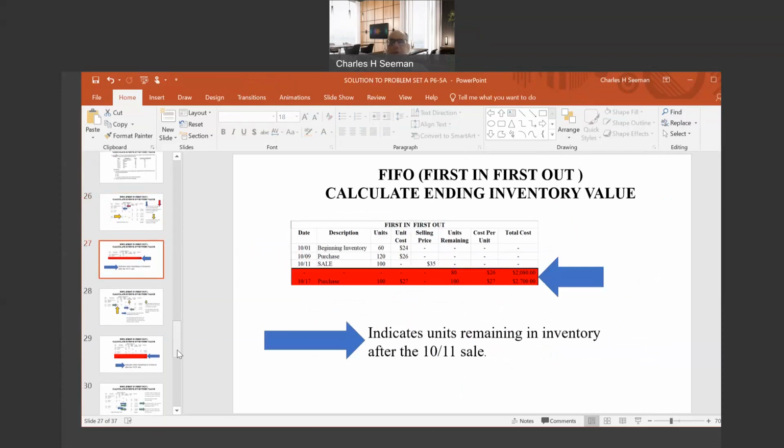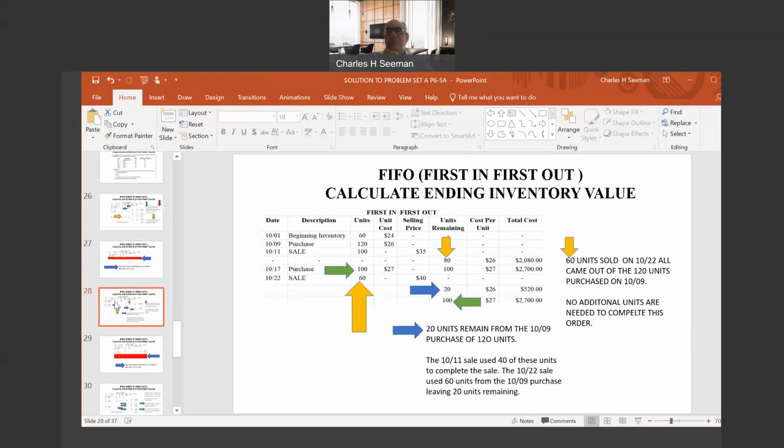So this is what the ending inventory would look like. We have 20 units at 26 and 100 units at 27. So 20 units remaining from the 10-9 purchase, and the entire 100 units remain from the 10-17 purchase.